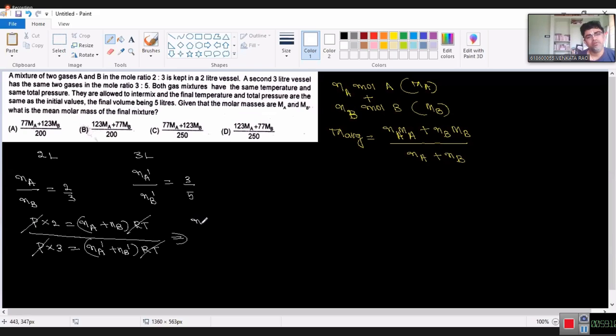Then you have (Na plus Nb) divided by (Na dash plus Nb dash) is equal to 2/3. From this, can we write Na is equal to 2/3 of Nb? Correct?